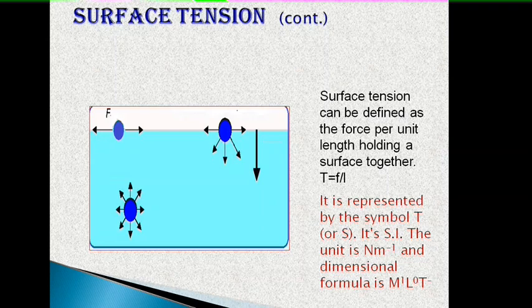It is represented by capital T. So, T is equal to F by L. The SI unit for surface tension is Newton per meter, and its dimensional formula is M^1 L^0 T^-2.